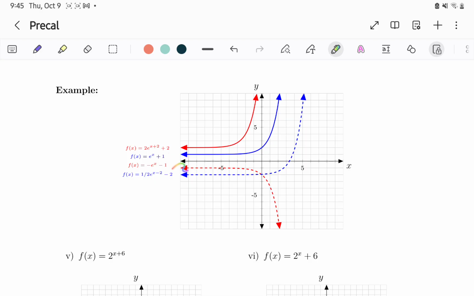And the way we can realize that is, minus e to the x minus 1 is equal to minus, and then all in parentheses, e to the x plus 1. So in other words, the function in red is equal to minus 1 times the function in blue. So again, that's just going to be, as we know from chapter 1, a vertical reflection. And of course, since we have this minus 1 here for the vertical shift, that's going to cause our horizontal asymptote to move from y equals 0 to y equals negative 1 this time.